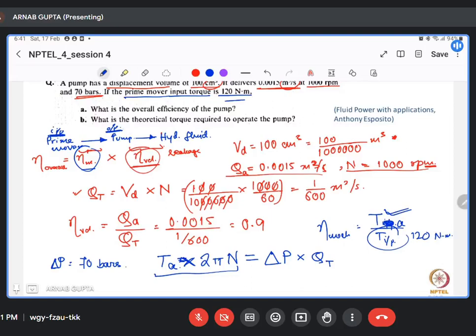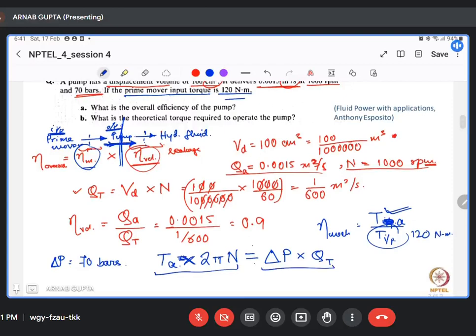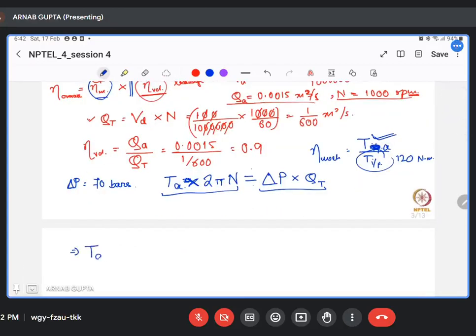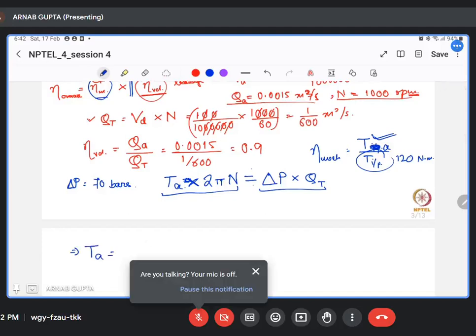Again, I am talking about this particular zone here. It is taking up some energy from here and giving out some energy here. So here some losses are occurring and here also some losses are occurring. But along this interface, if we do this equalization of input and output powers, then it stands out to be like this. So from here we can calculate TA. That is nothing but 70 bars. Again, we have to convert this into SI.